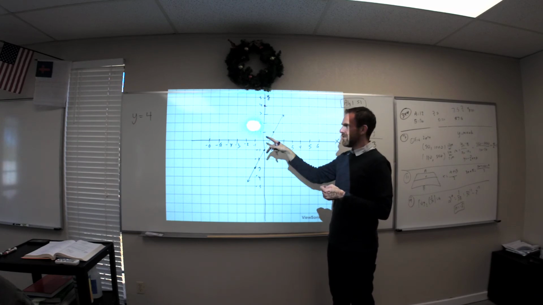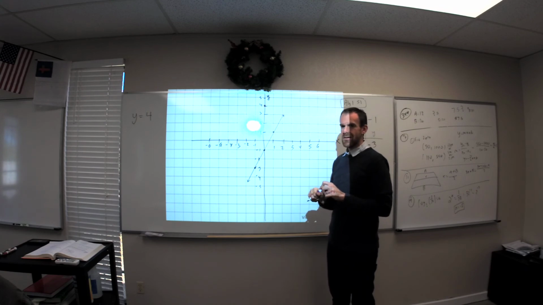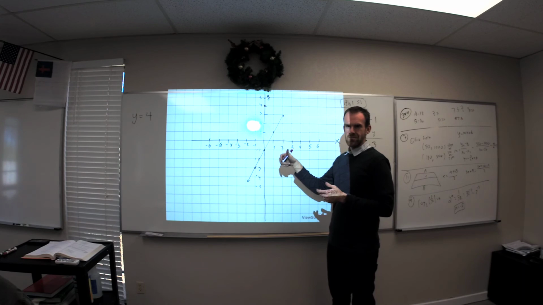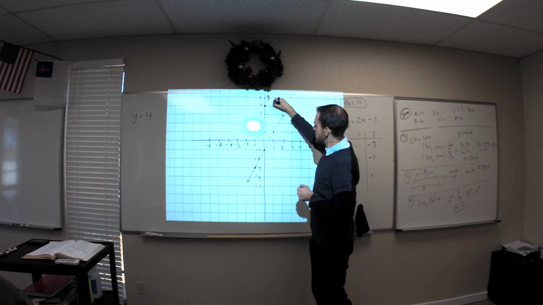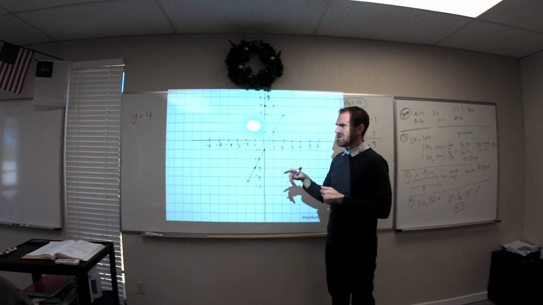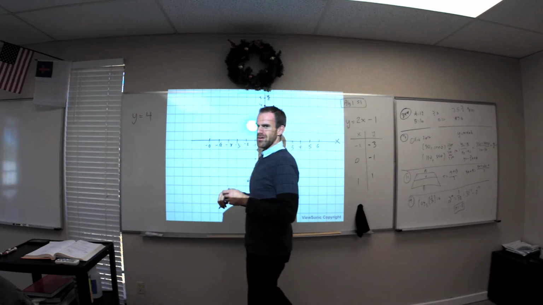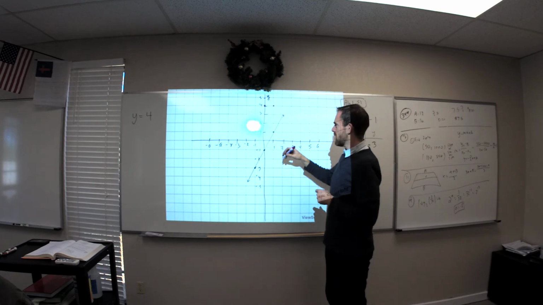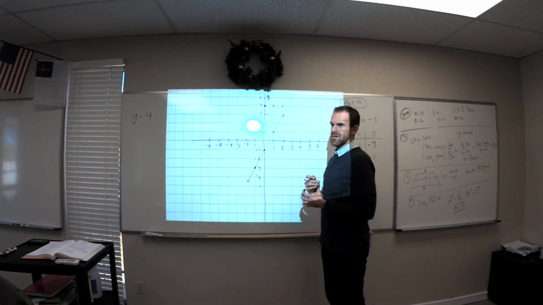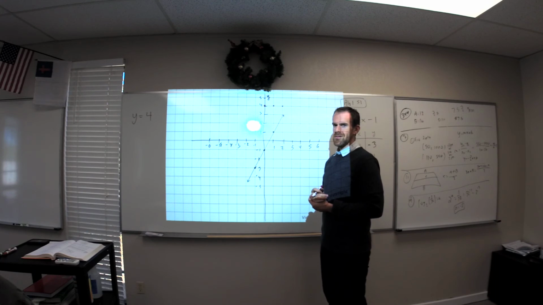If y equals 4 and x equals 1, does y equal 4? Yep. When x equals 2 and y equals 4, do I have a point (2, 4)? We don't care what x equals.